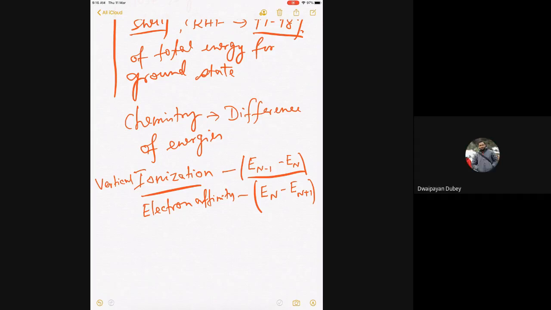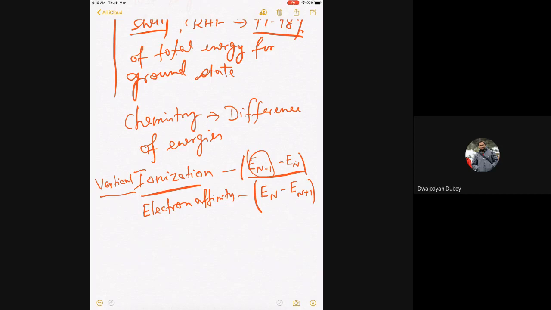Sir, what is the ionization potential for vertical ionization? Vertical ionization and adiabatic ionization only differ in the geometry, but the basic idea remains the same. This minus this. The only thing is that this will be calculated at its own geometry, the cationic geometry. So that will become adiabatic ionization.